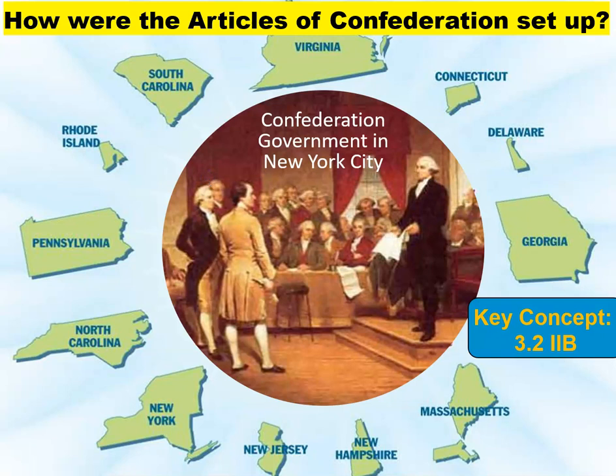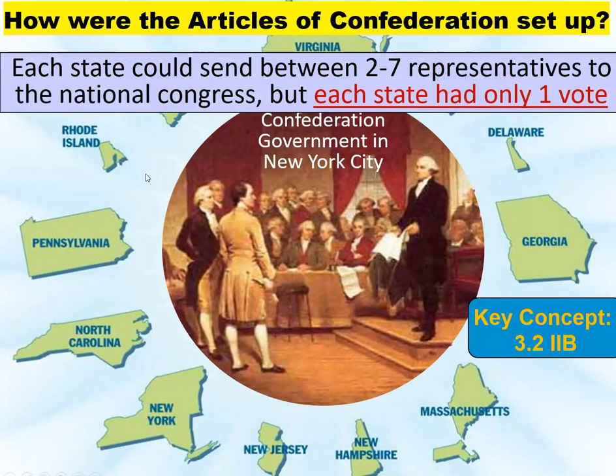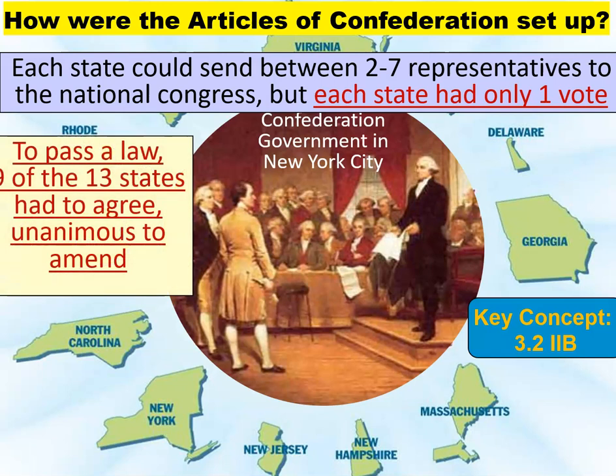So how were they set up? Each state could send between 2 and 7 representatives to the National Congress, but every state only had 1 vote, no matter the size. To pass any laws, 9 out of the 13 states had to agree, and to change the Articles of Confederation, it had to be completely unanimous, all 13 of them.